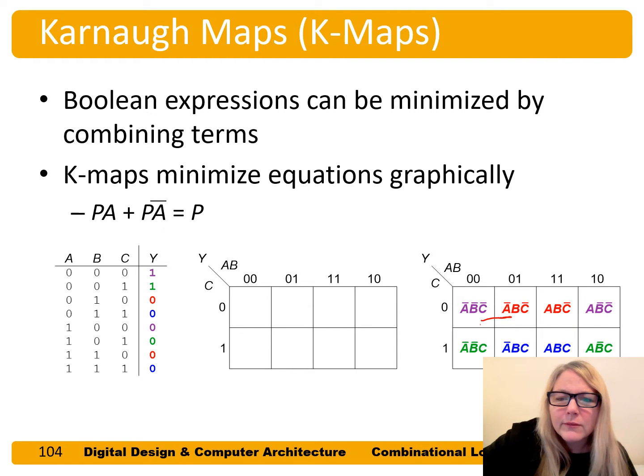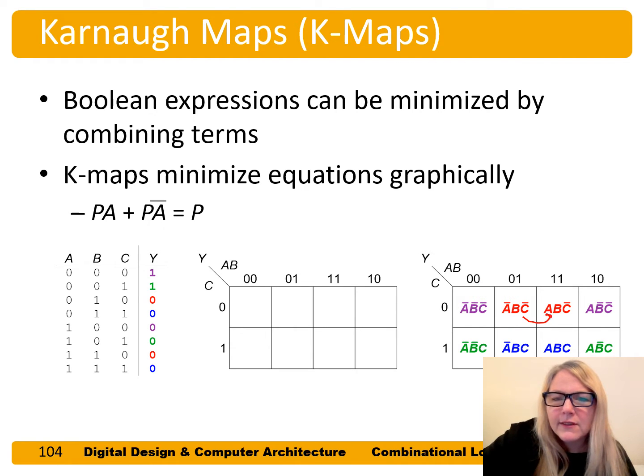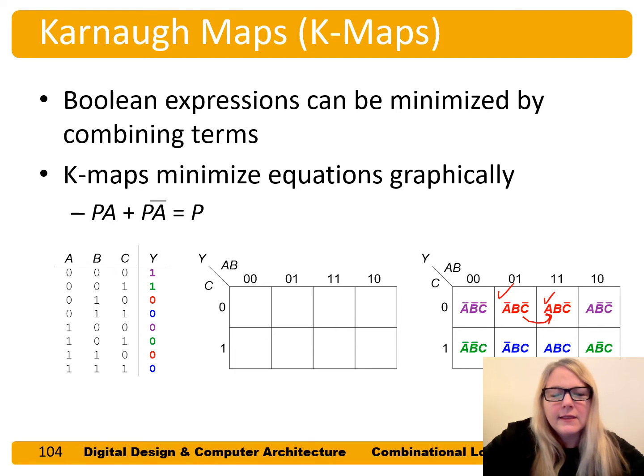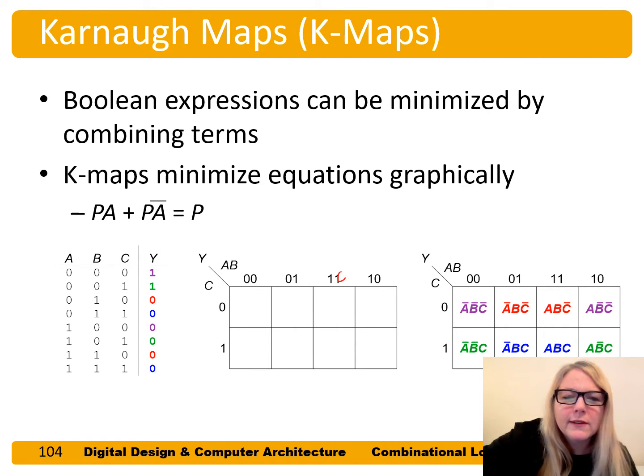And you'll also notice going adjacently here, right to left, these differ in only B. We have A bar, C bar, those are the same for those adjacent squares, and they only differ in B. And likewise here, they differ only in A, and likewise here, differ only in B. If instead we had gone 1, 0, 1, 1, like in counting order, now going between adjacent squares, these would differ in both the A term and the B term.